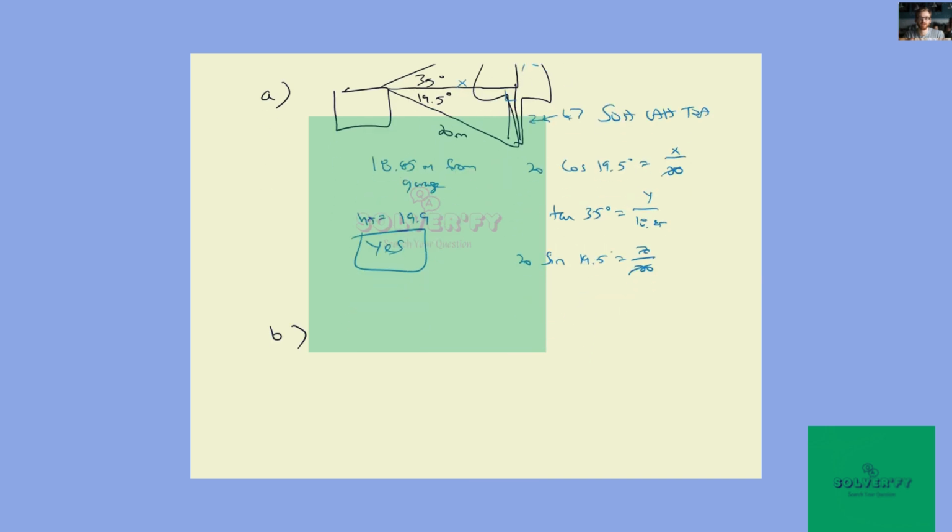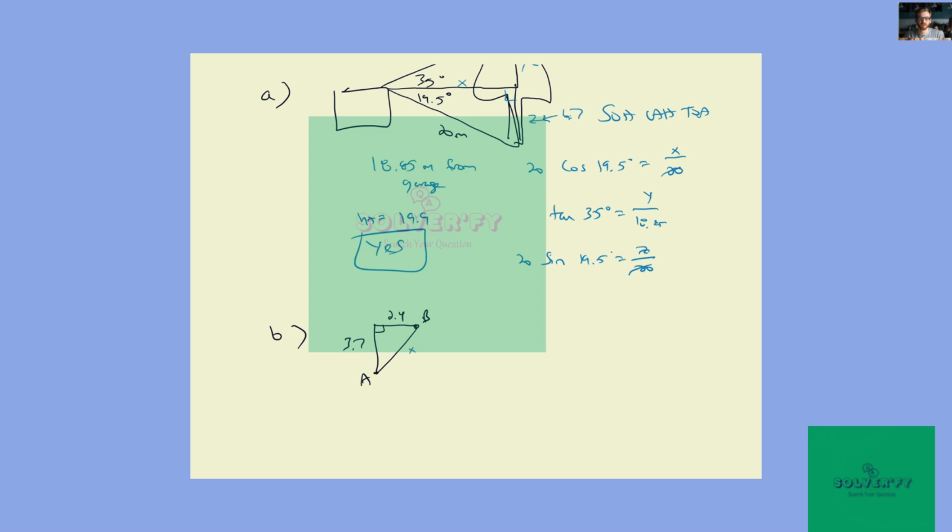For part B, a ship leaves point A and sails 3.7 kilometers due north, and then sails due east for 2.4 kilometers. Calculate the shortest distance between A and B to one decimal place. That would be found using the Pythagorean theorem.